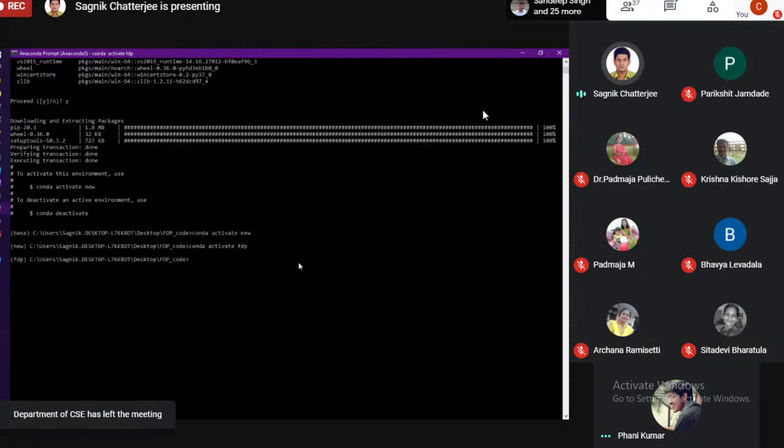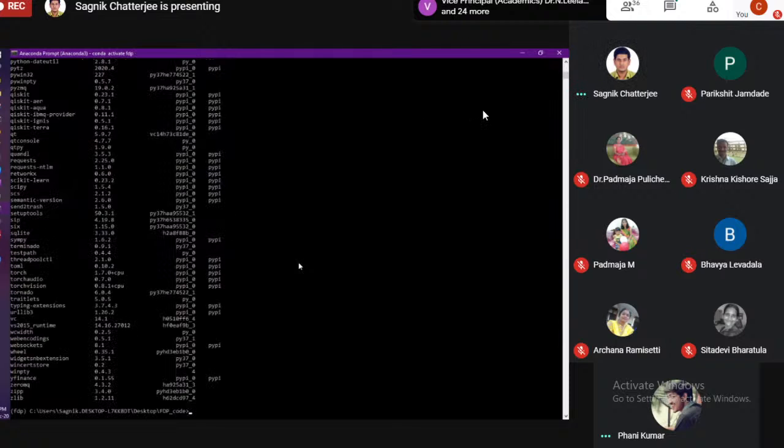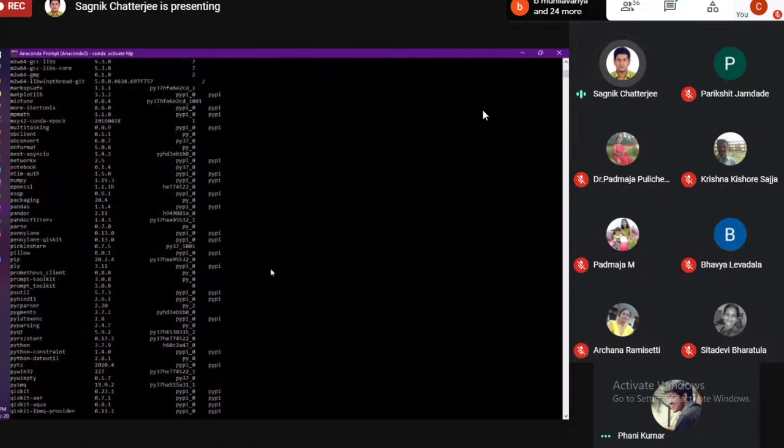Before I start going into the coding part, I want to check what all I have installed. I can see the package list by typing conda list. It shows me all the packages installed inside this FDP environment. You see a lot of packages have been installed.